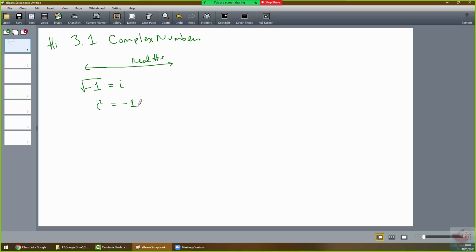But going forward in trigonometry, you're going to have a whole, I think, 1 or 2 sections related to complex numbers. If you're going into electrical engineering, believe it or not, these are very, very important. So we're going to start off with what's considered the algebra of complex numbers.